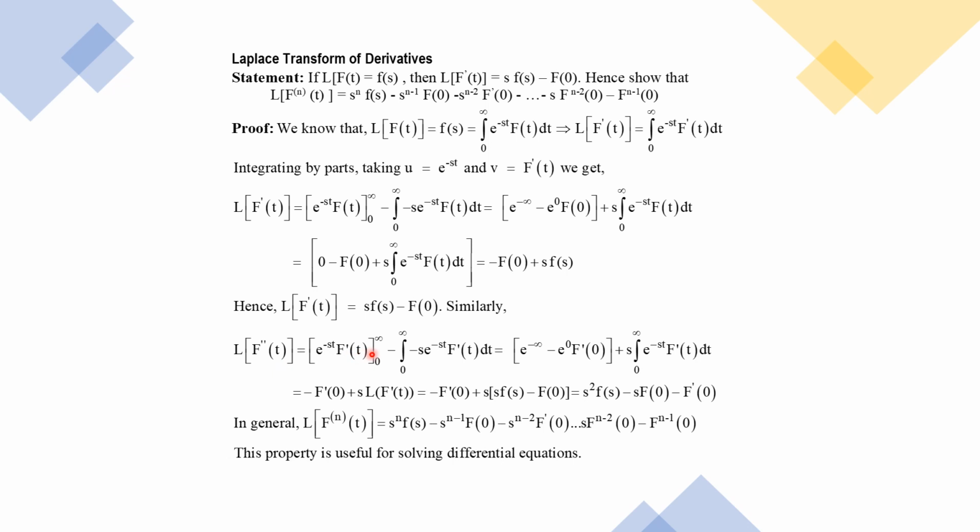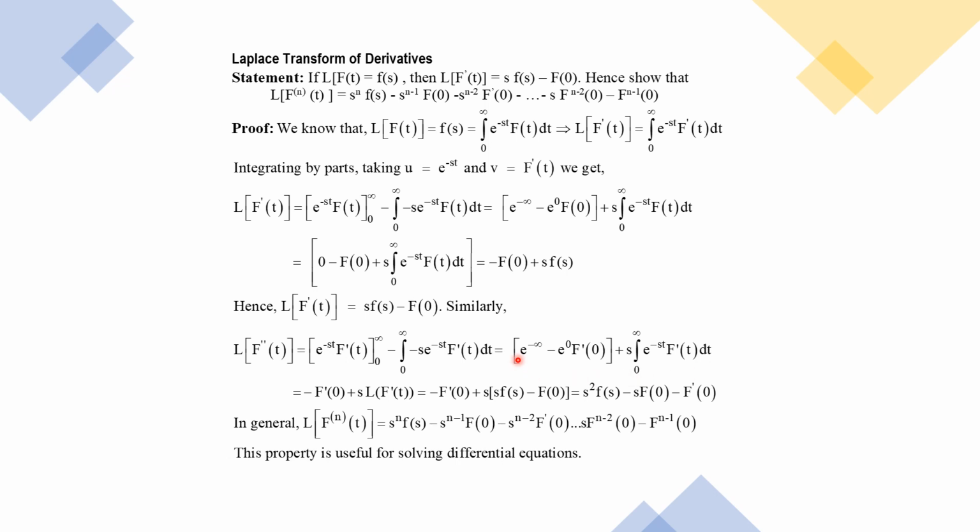By integration by parts we have this form. So use the upper limit e^(-infinity), the lower limit e^0 f'(0), plus s, minus into minus, the integral from 0 to infinity of e^(-st) f'(t) dt.